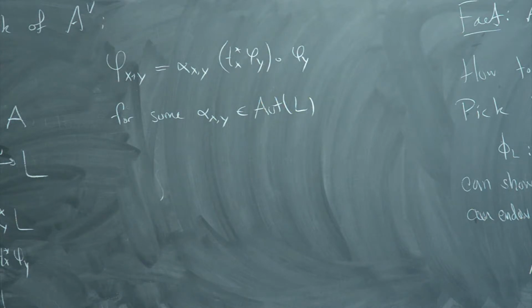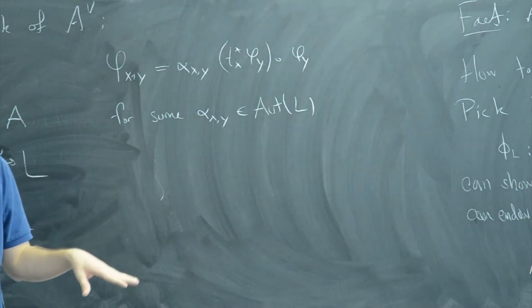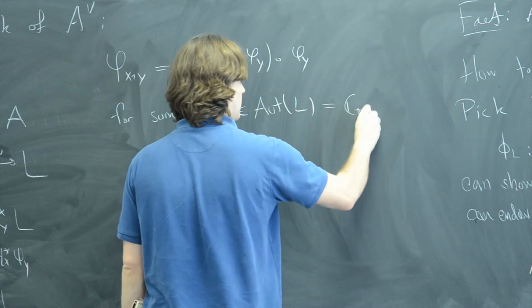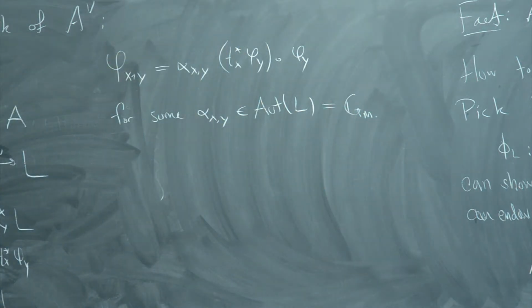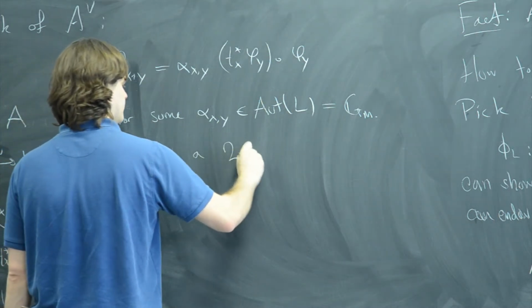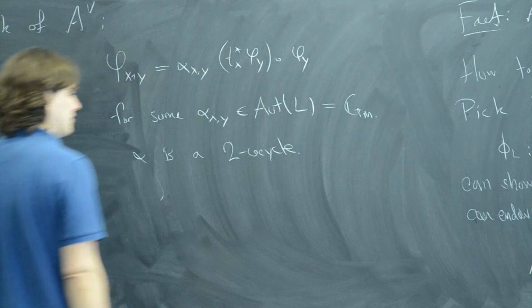Does this make sense? Everyone following? I just have two isomorphisms from here to here, so they have to differ by an automorphism. That's all I'm saying. Now the automorphism group of L, since it's a line bundle on a connected projective variety, is just the multiplicative group. And just because of the way that we've defined alpha x,y, it obviously satisfies the two-cocycle condition, in the sense of group cohomology.